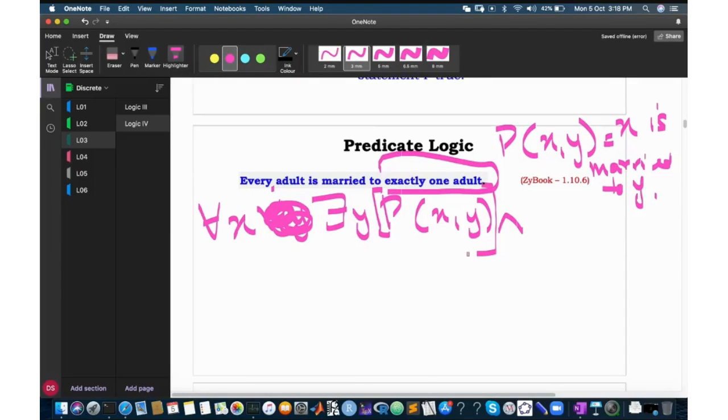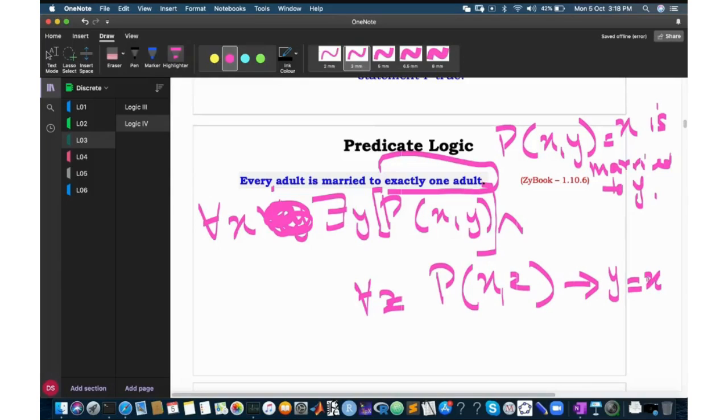And for all z, p of x comma z implies that y is equal to z.